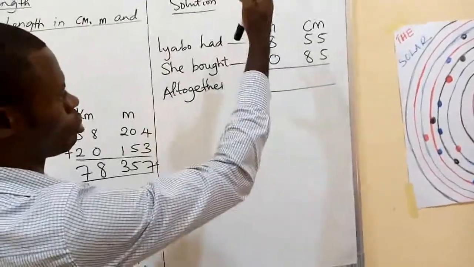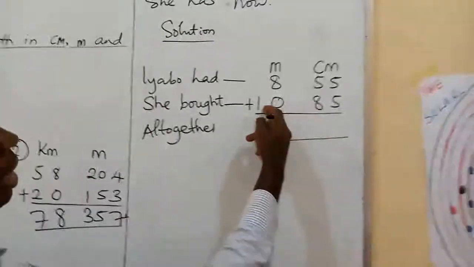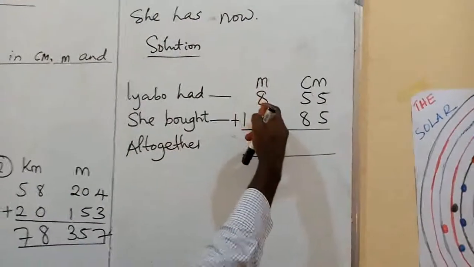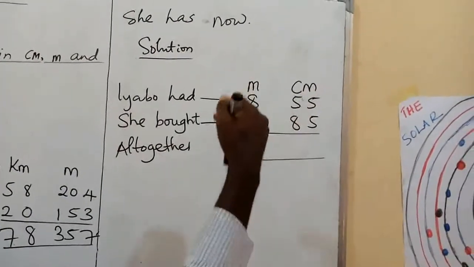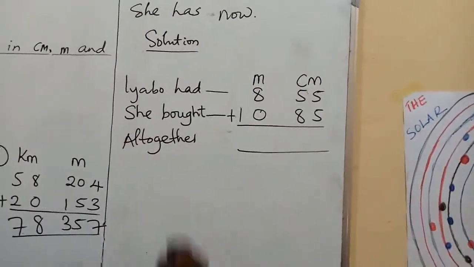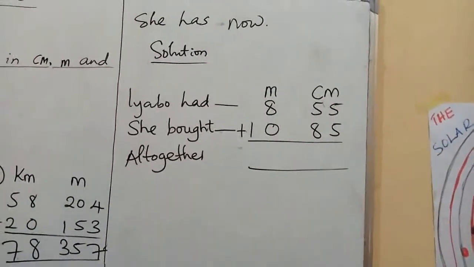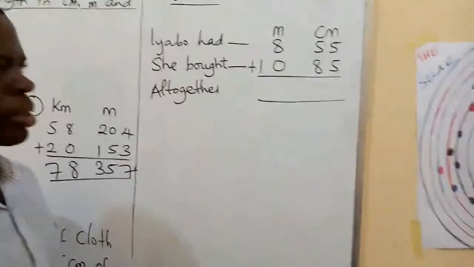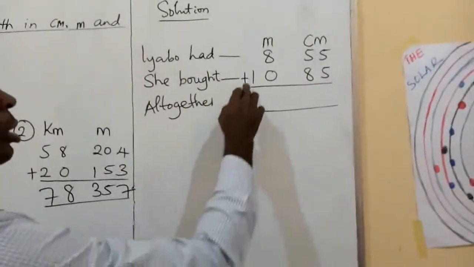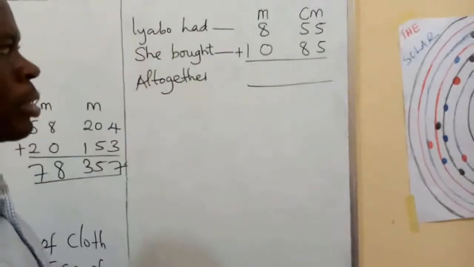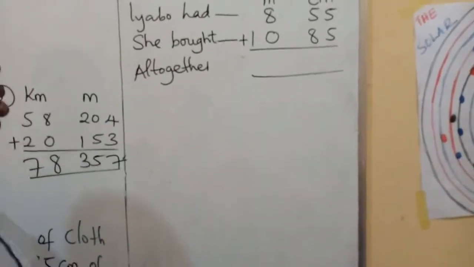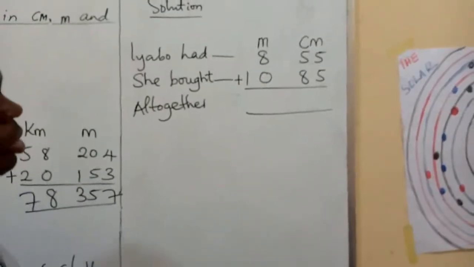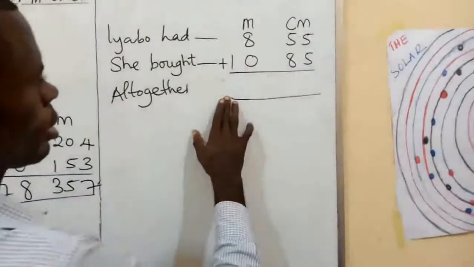So 10 meters 85 centimeters is supposed to go up, while 8 meters 55 centimeters is supposed to come down. But this arrangement is still the same thing. There's no difference. It doesn't matter which one comes first. In addition, this is the commutative property of addition, provided you arrange your work properly.